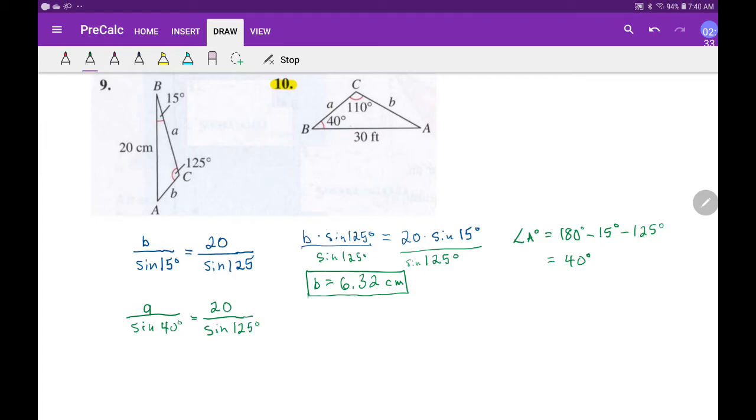Okay, and so we have A times the sine of 125 degrees is equal to 20 times the sine of 40. And I will go ahead and divide by the sine of 125 again.